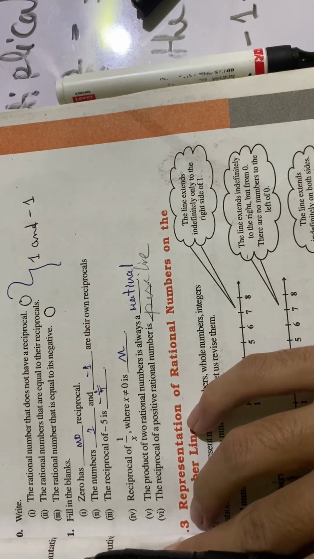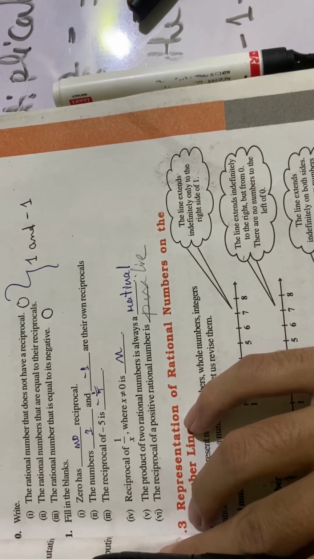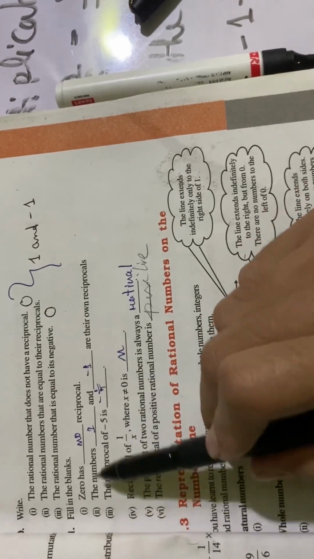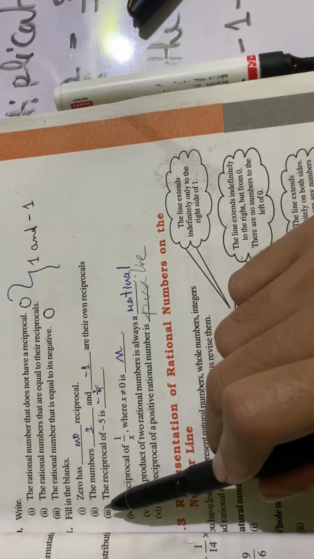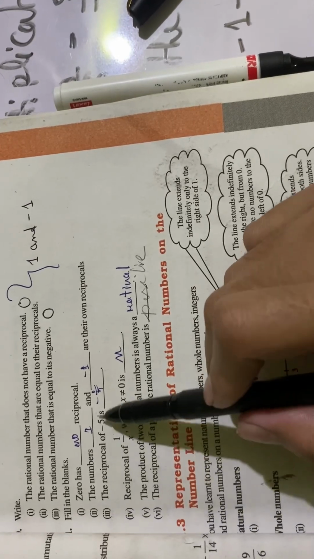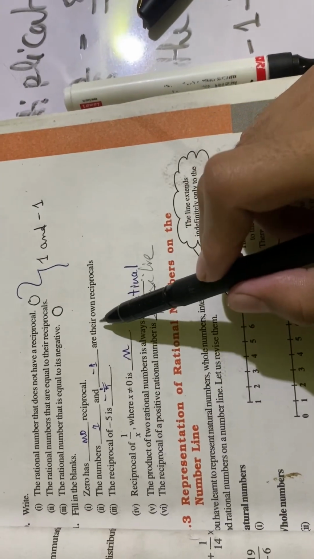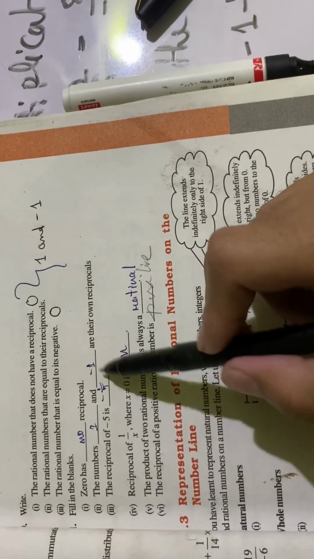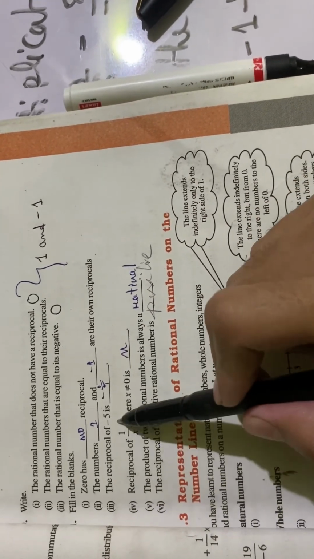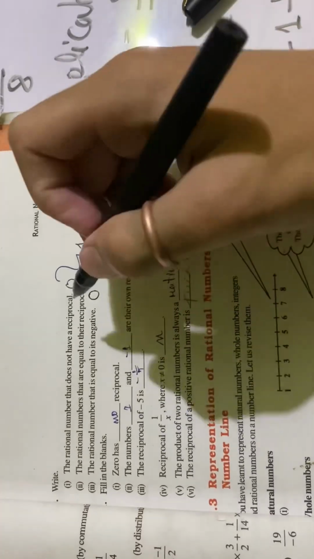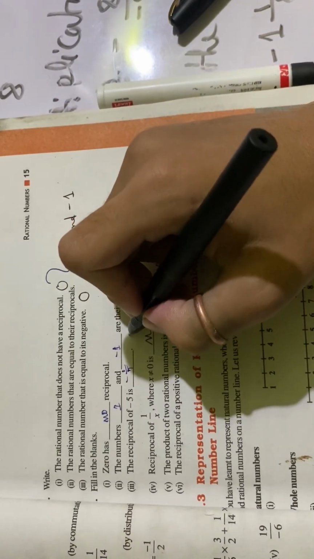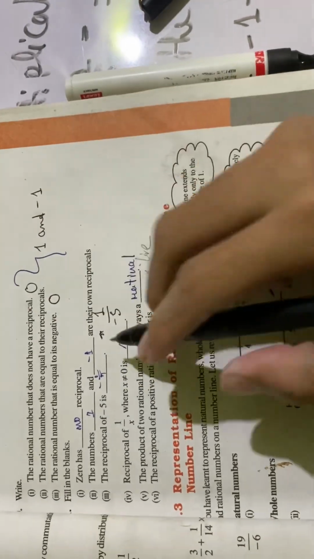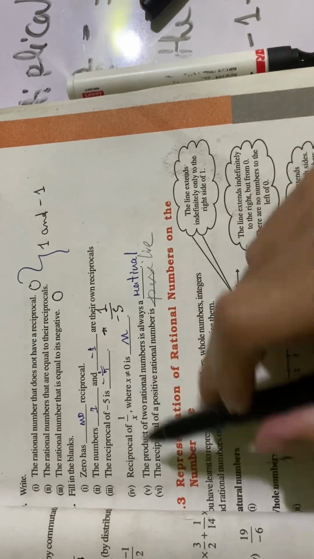Fill in the blanks. Number 1, 0 has dash reciprocal. 0 has no reciprocal. Question number 2, the numbers dash and dash are their own reciprocals. The numbers 1 and -1. The reciprocal of -5 is 1 by -5.